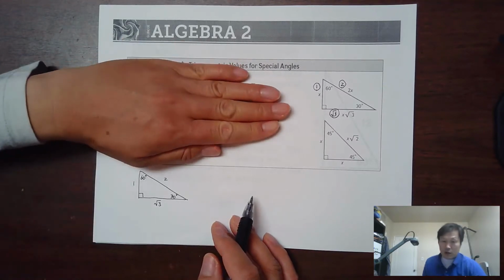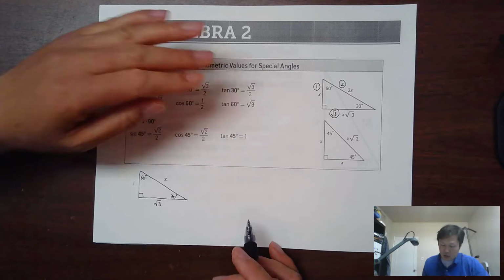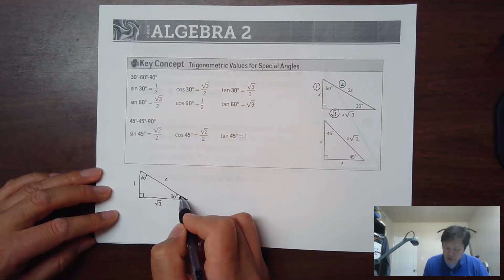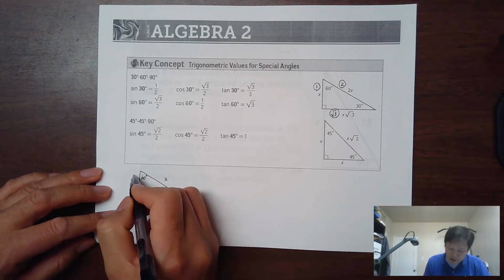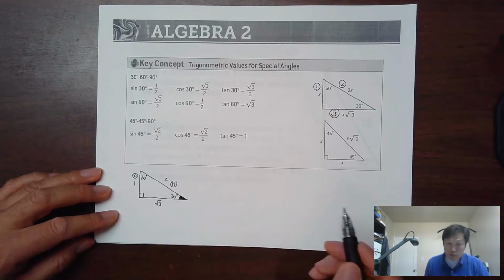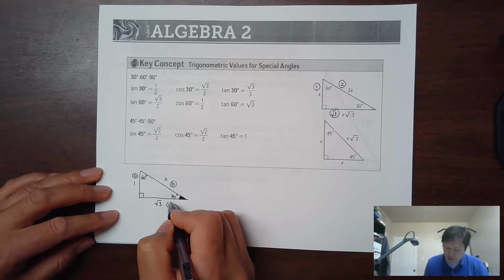I'm assuming these values are not available to you. The 30 degree angle is the angle of interest, so the opposite side is this side, the longest one is the hypotenuse, and the adjacent side is here.